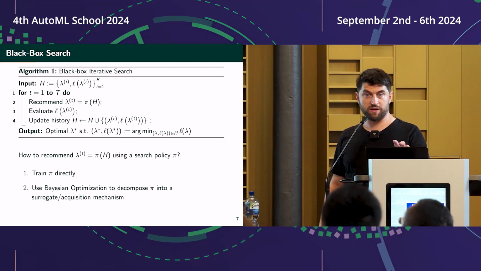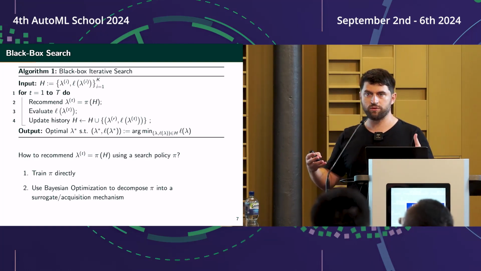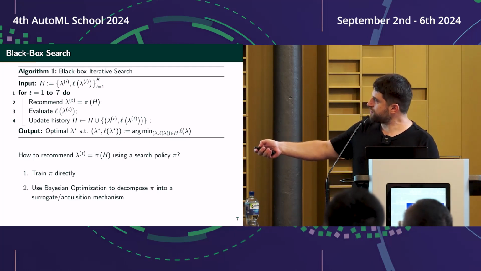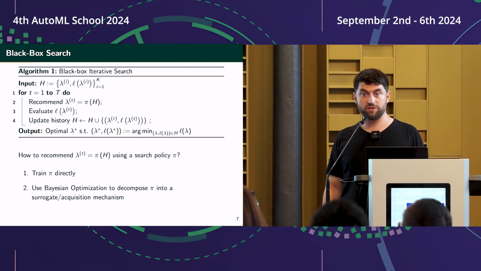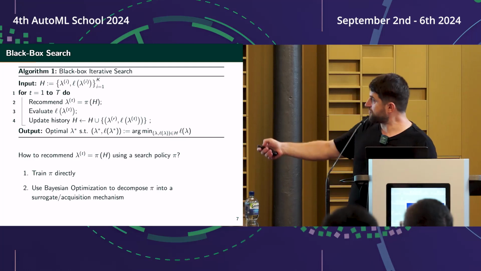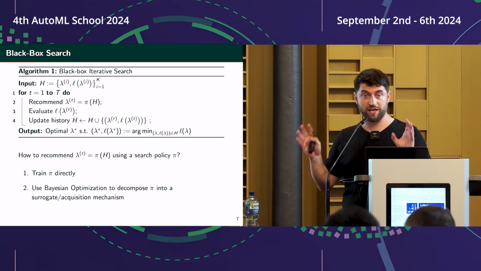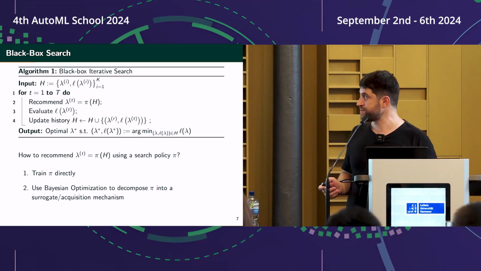In the context of HPO and Bayesian optimization, we refer to those initial evaluations as the initial design. And then in a sequence of steps, we have a magic function here that recommends what should be the next hyperparameter to evaluate. These magic functions are all what we are looking for. Those are the search algorithms. And most of this talk today will focus on those magic functions.